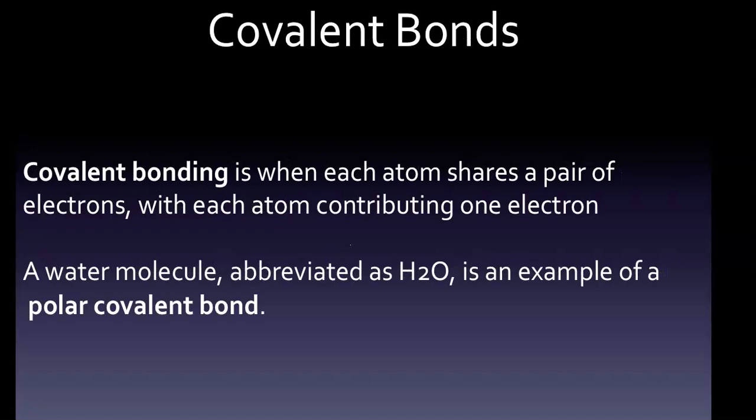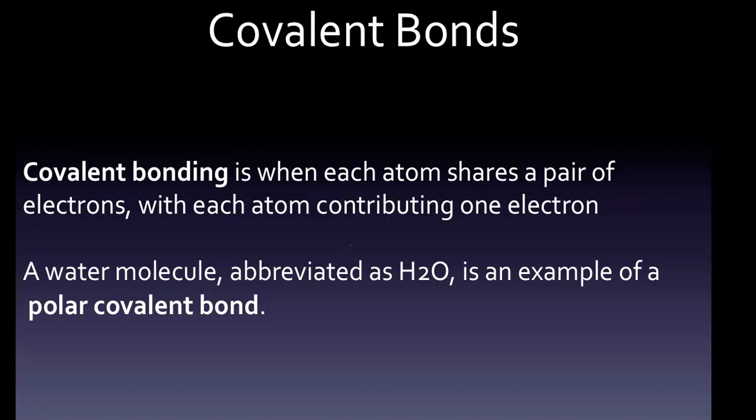Covalent bonding, on the other hand, is when each atom shares a pair of electrons, with each atom contributing one electron. Covalent bonds happen between two nonmetal atoms. So again, two nonmetal atoms means covalent, since nonmetal atoms have mostly full shells and benefit from sharing electrons.